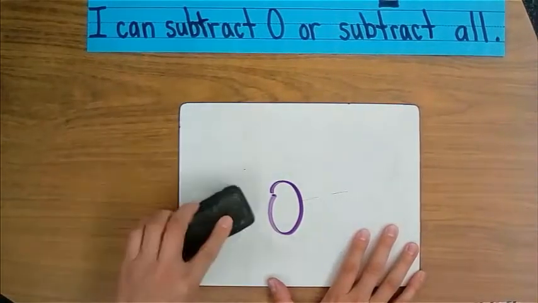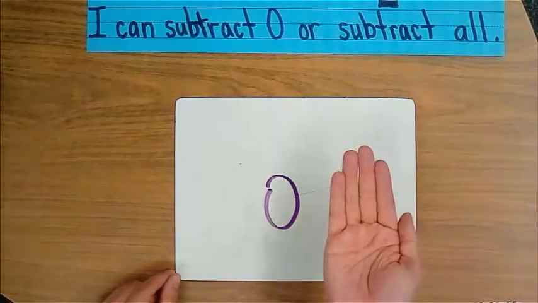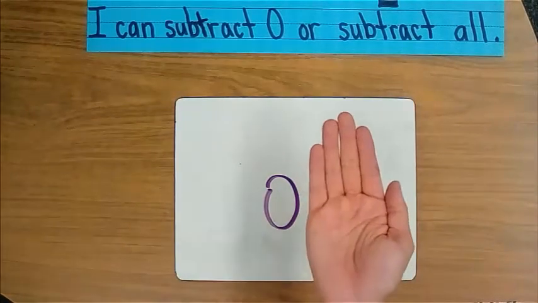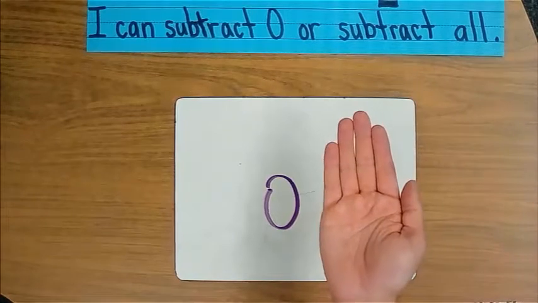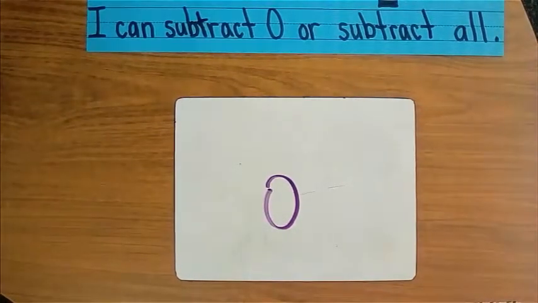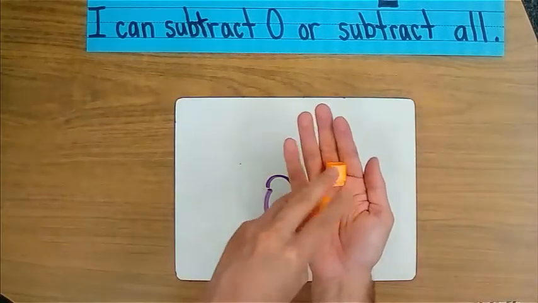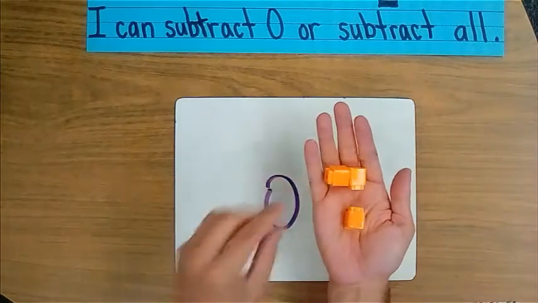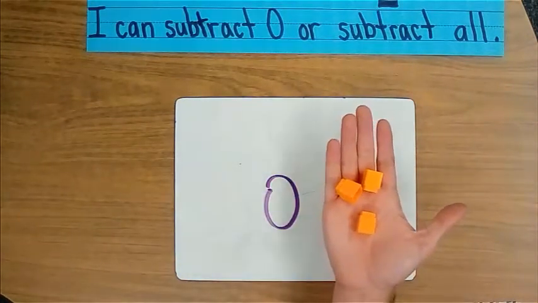What does 0 mean? So, for example, in my hand, right now I have 0 blocks in my hand. That means I don't have any blocks in my hand. But now, what if I add some blocks? So now I have 3 blocks in my hand.